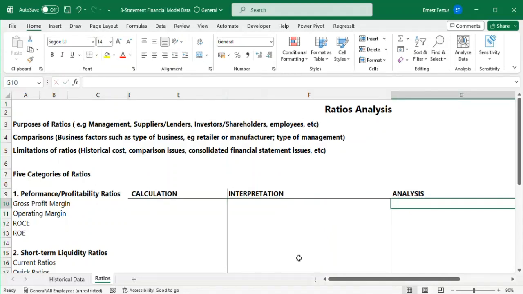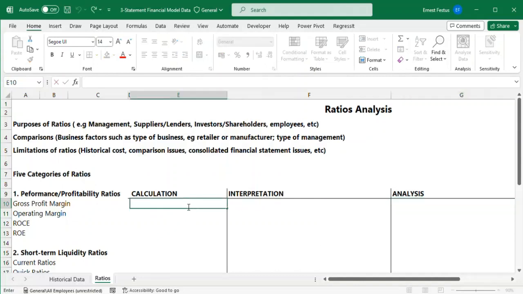By analysis of the ratios, we are talking about what impacts the ratio and what the ratio can impact. So what can influence that ratio and what that ratio also influences. So that is what we mean by analysis. It is quite more extensive compared with the interpretation of the ratio.